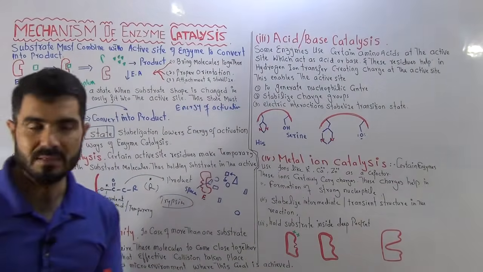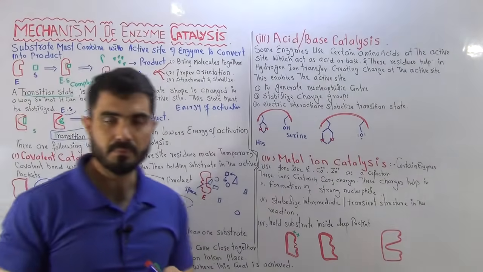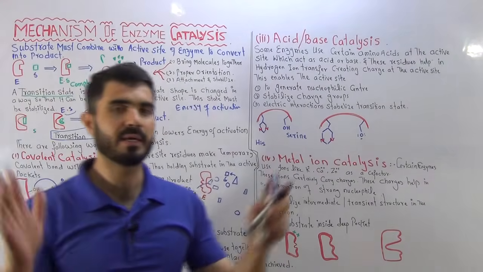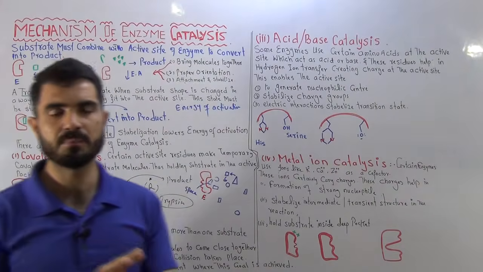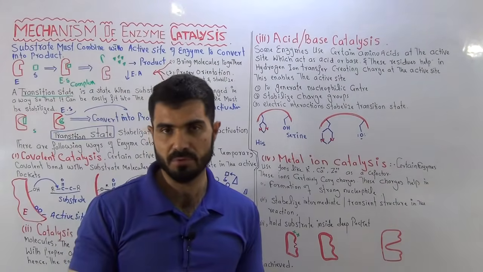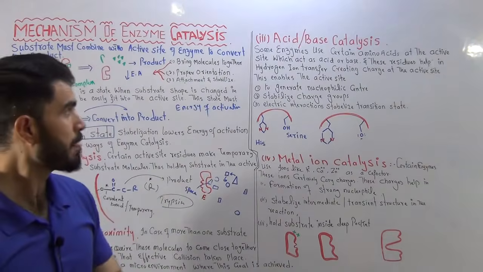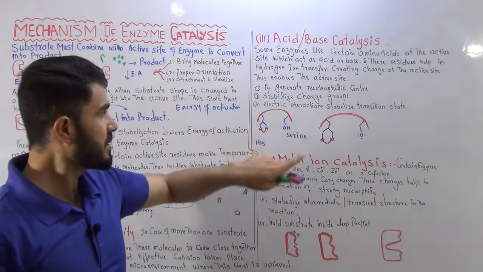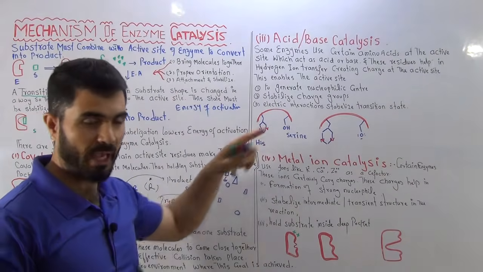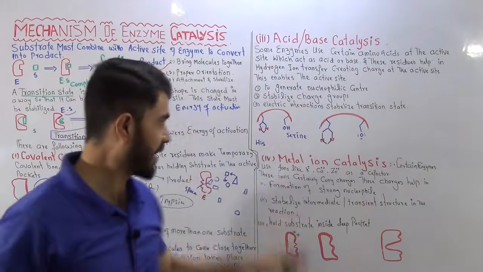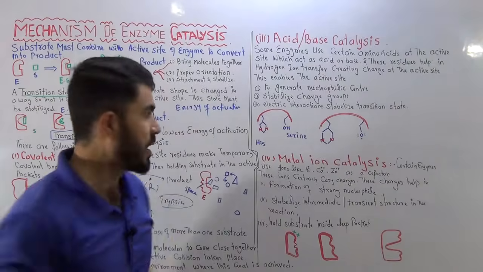In acid-base catalysis, once again our focus will be the proper attachment of the substrate, or the formation of the transition state. In acid-base catalysis, some of the enzymes, again this is the active site of the enzyme. We have not shown the whole enzyme, only the active site.